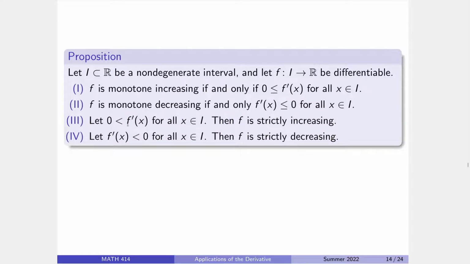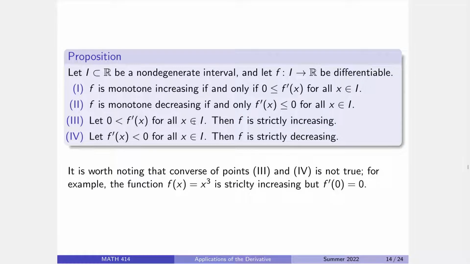If the derivative is positive, then you're strictly increasing. However, you actually can be strictly increasing but not have a strictly positive derivative. X cubed has to ruin the fun. Right? Strictly increasing function, and the derivative can hit 0. Boo.